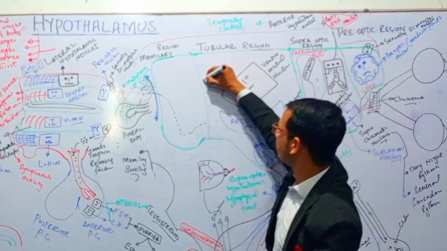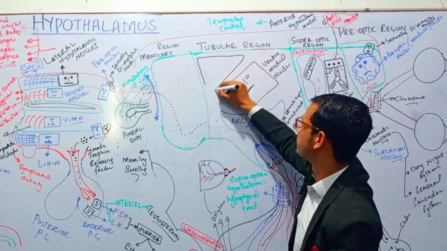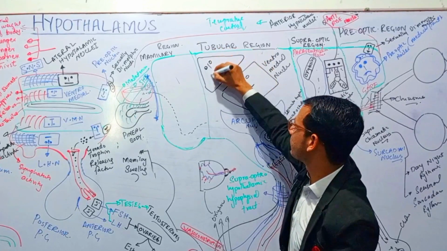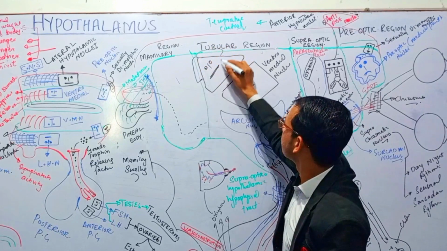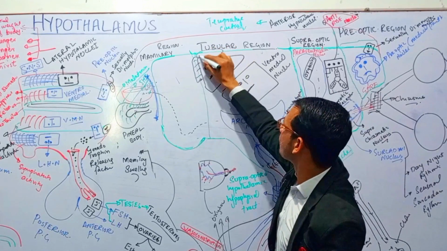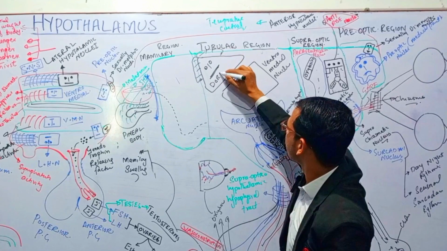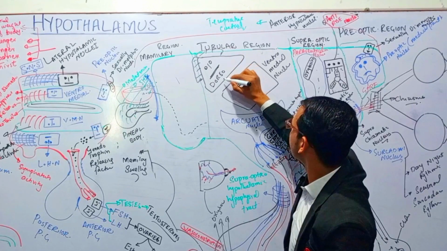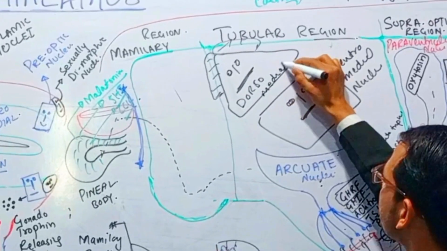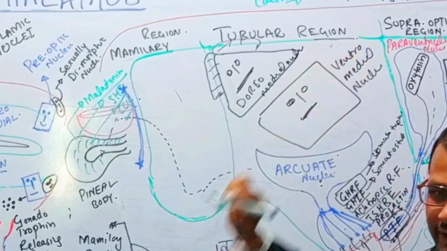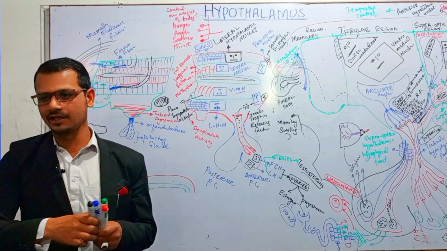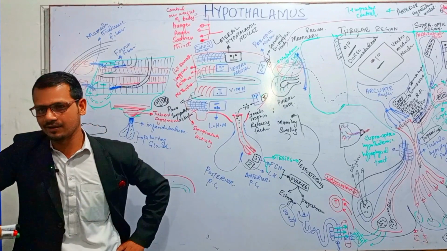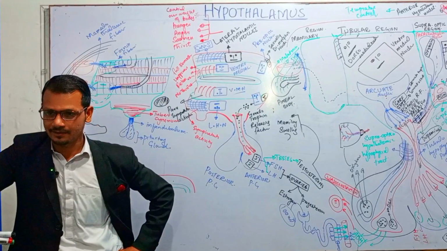And the next very important nuclei for females is present here, which is called the dorsomedial nuclei, and all the females are trying to deactivate this nuclei in their husbands.